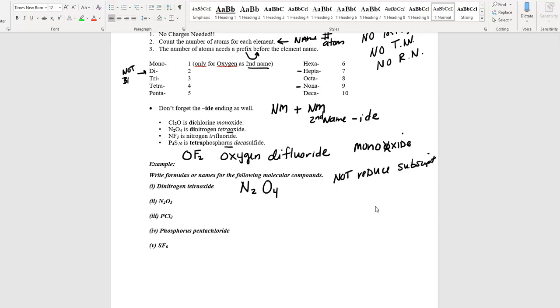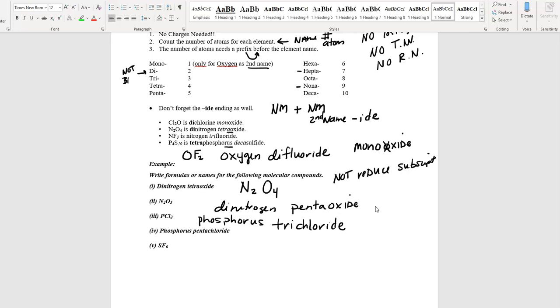If I have 2 nitrogens, so dinitrogen, and I have 5 oxygens, so the prefix for 5 is penta, and then oxide for that oxygen. I have phosphorus, so phosphorus, and I got 3 chlorines, so the prefix for 3 is tri, and then I got to change that ending to chlorine to chloride.